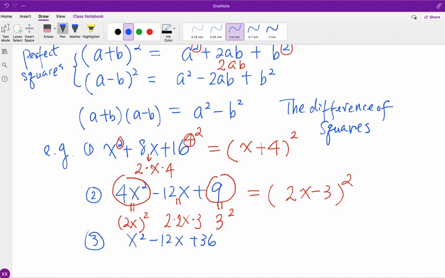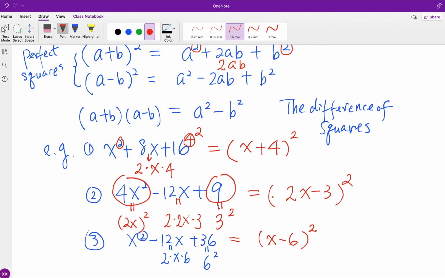Now again, this is just x squared, so this is already a square. Now 36 we can write as 6 to the power of 2, right? So in this case, definitely this middle is 2 multiplied by this x, coefficient is 1, just 1x, and multiplied by 6. That gives me 12x. So therefore, right away, I use the formula. Then that equals (x subtract 6) to the power of 2.